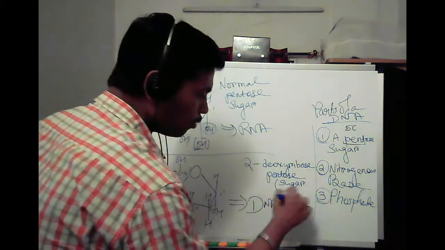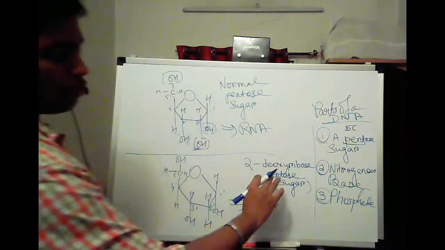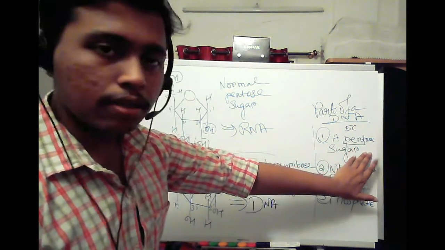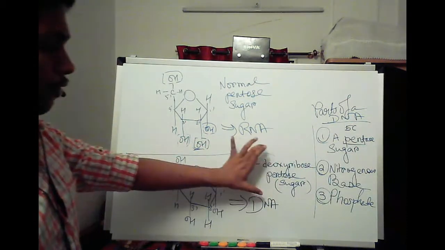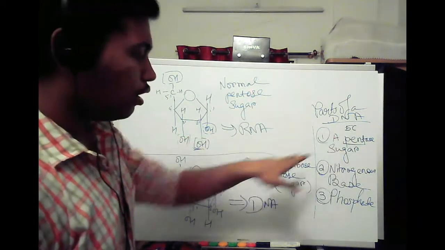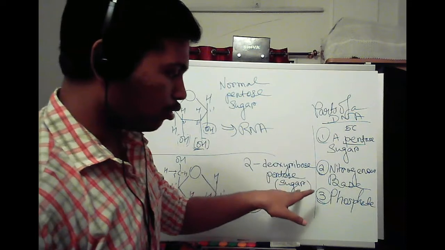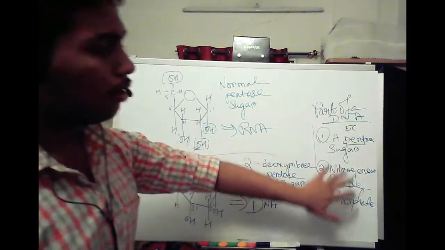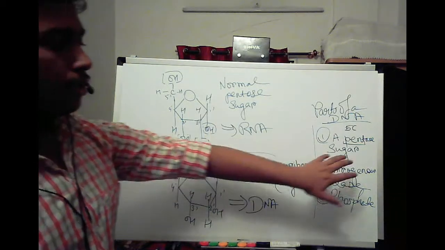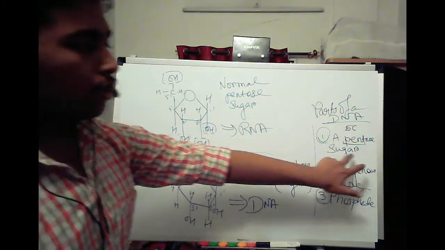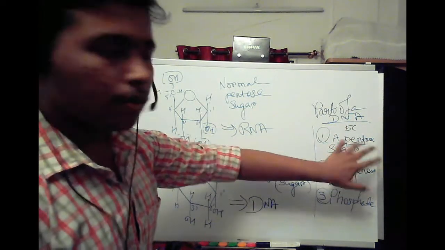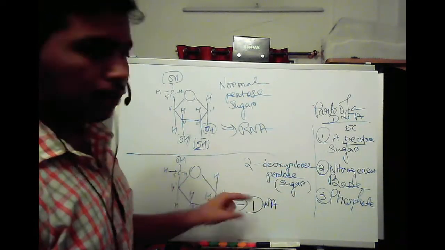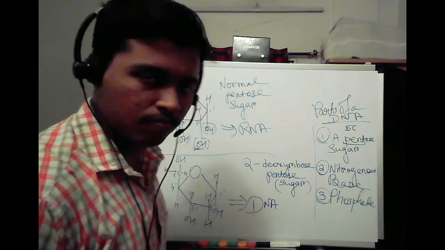So instead of this, we will write this over here. A 2-deoxyribose pentose sugar with a nitrogenous base and phosphate form the parts of the DNA. Don't write this name, erase this one and write this one. This is the one.